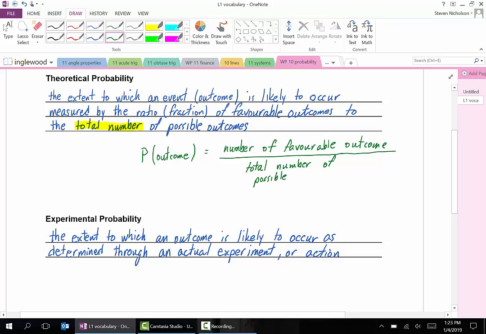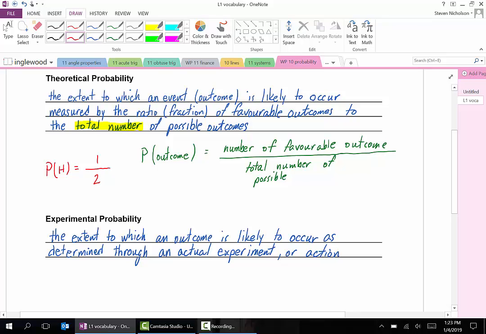So for example, if we were going to flip a coin and we want to know what is the probability of getting a head, well, there's only one head on a regular coin, and there are two possible things that can happen.